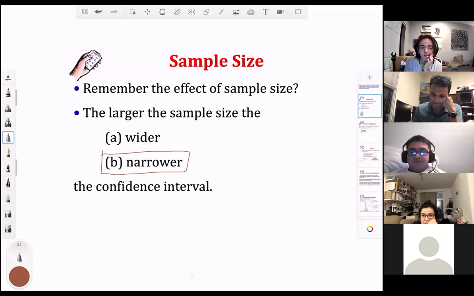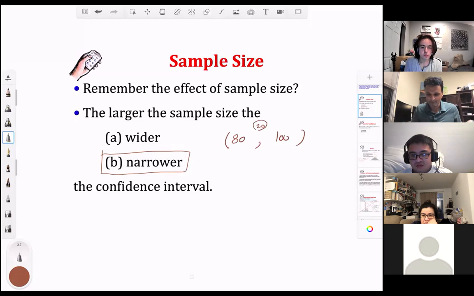For example, if the confidence interval was from 80 to 100, this distance is 20. This is an example, right? So 20 points between 80 and 100 is huge. But if your sample size is bigger, we're going to have an interval of, let's say, 89 to 93. That means we narrowed it down.